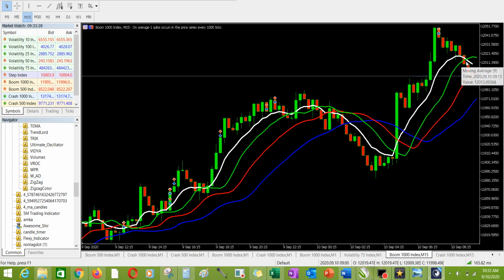So you can see after breaking out from here, it has given us a full 15 minutes. So it has given us about 20 minutes of opportunity to be in the market. So you see it selling for a very long time. It is possible for you to have spikes in between, but you're still going to have more of a sell trend than a buy trend.